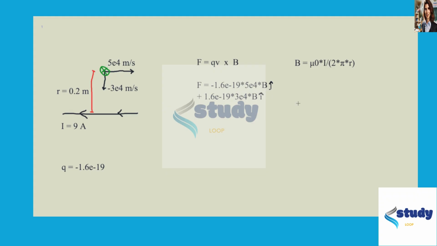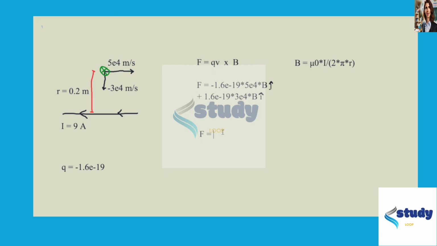And now all we have to do is plug in this value for B, plug in I, and plug in r, and that should give us our actual numbers when we calculate this out.